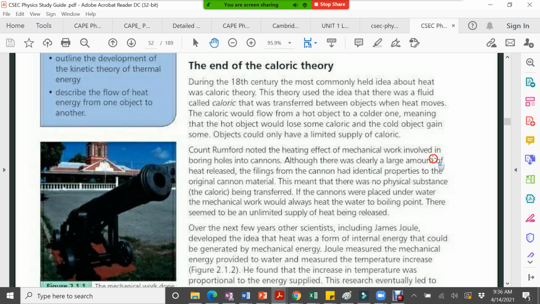This means that there was no physical substance, the caloric, being transferred. If the cannons were placed underwater, the mechanical work would also heat the water to boiling point. There seems to be an unlimited supply of heat being transferred.